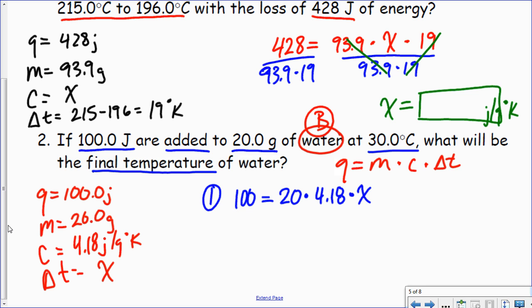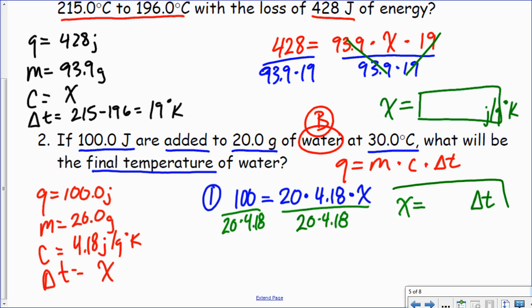Isolate X, dividing both sides by 20 times 4.18, algebra. And that will give you X equals the change in temperature, equals delta T, some value.